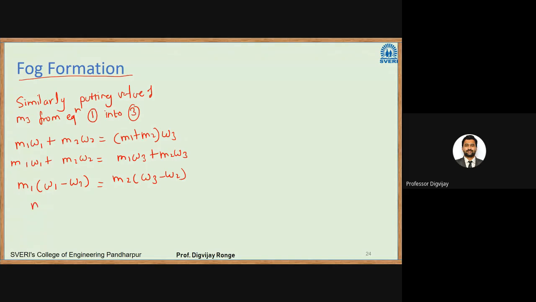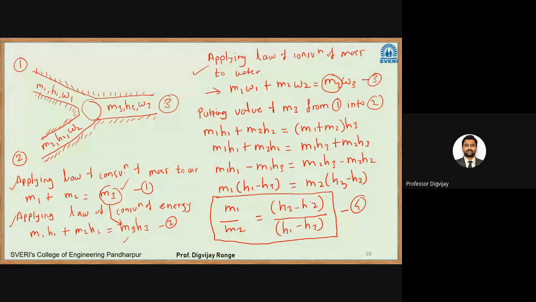If I take a ratio, this will be M1 upon M2 equal to W3 minus W2 divided by W1 minus W3. Okay, so this is equation number 5. So I have obtained here the equation M1 upon M2 equal to H3 minus H2 divided by H1 minus H3.